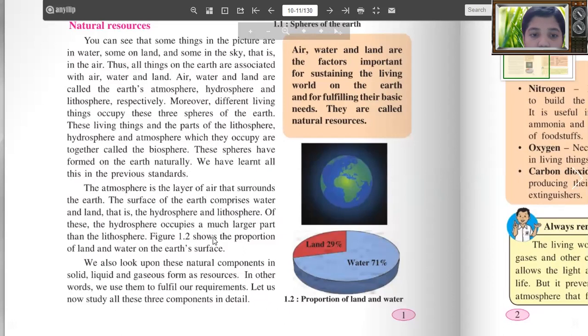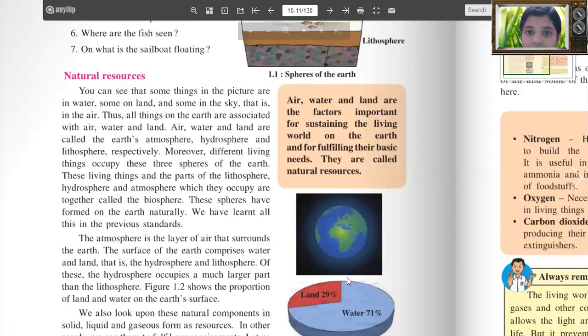Figure 1.2 shows the proportion of the land and water on the earth's surface. We also look upon these natural components in solid, liquid and gaseous forms as resources. In other words, we use them to fulfill our requirements. Let us now study all these three components in detail.